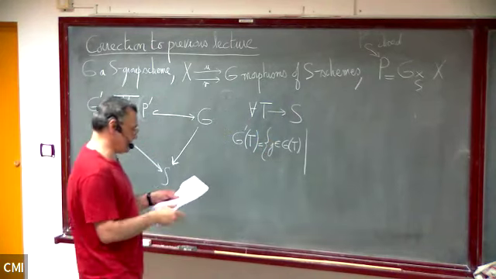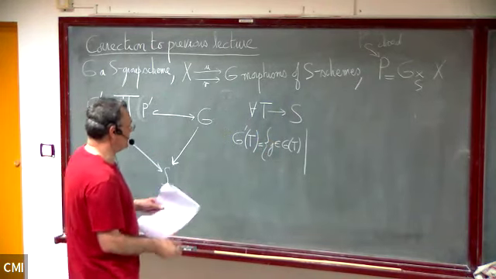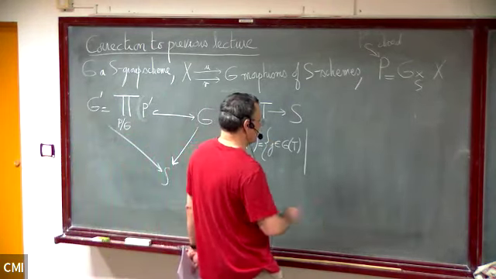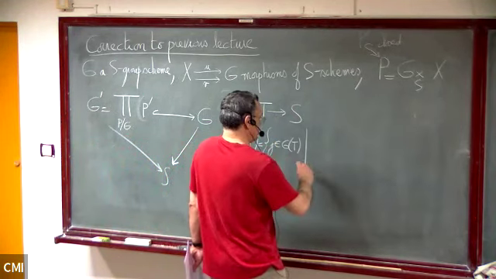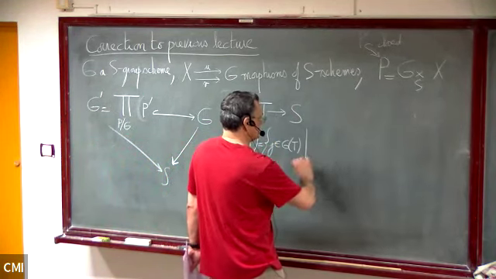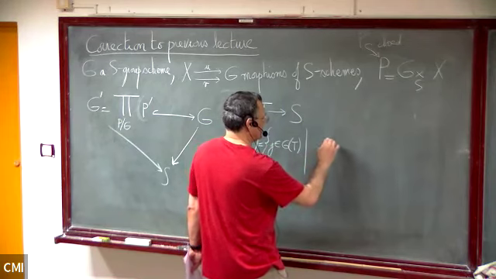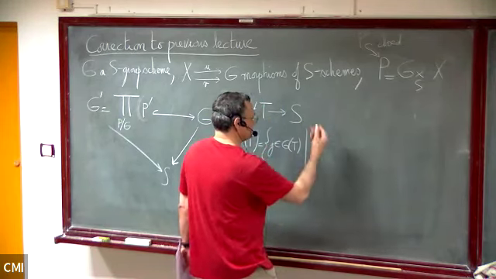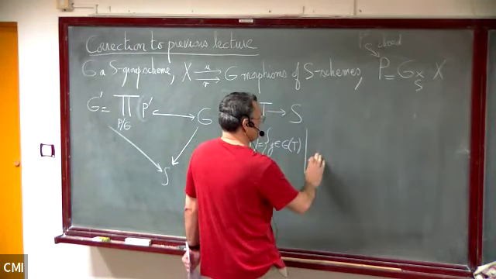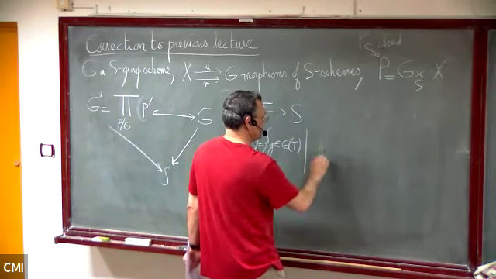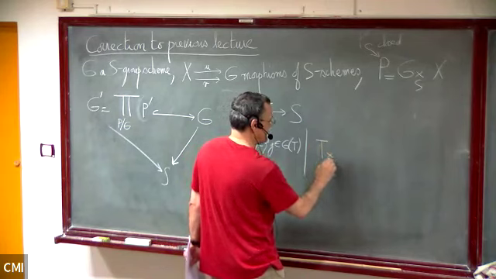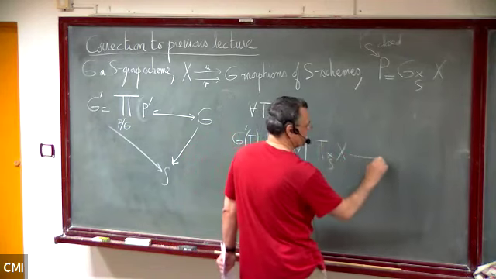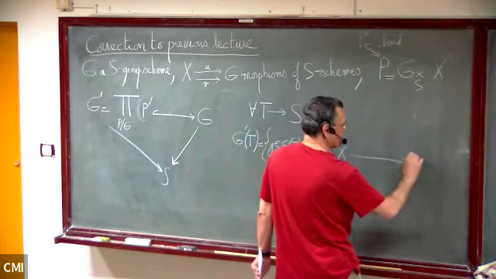And then there was another mistake that I made. We have two maps from T cross X to T prime.